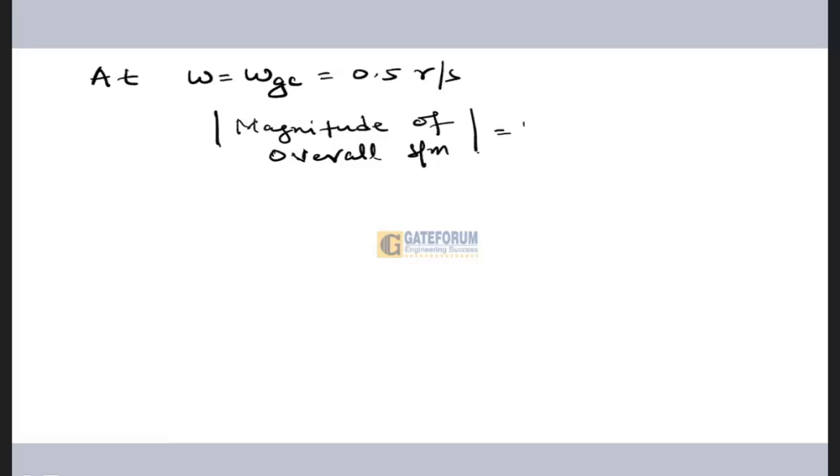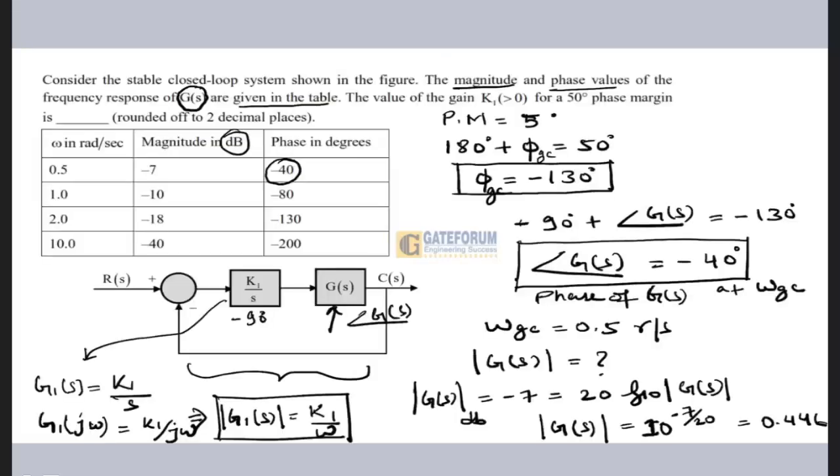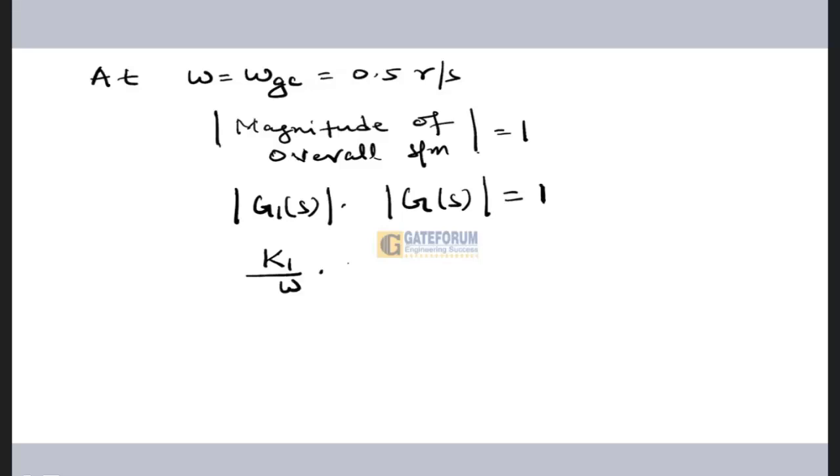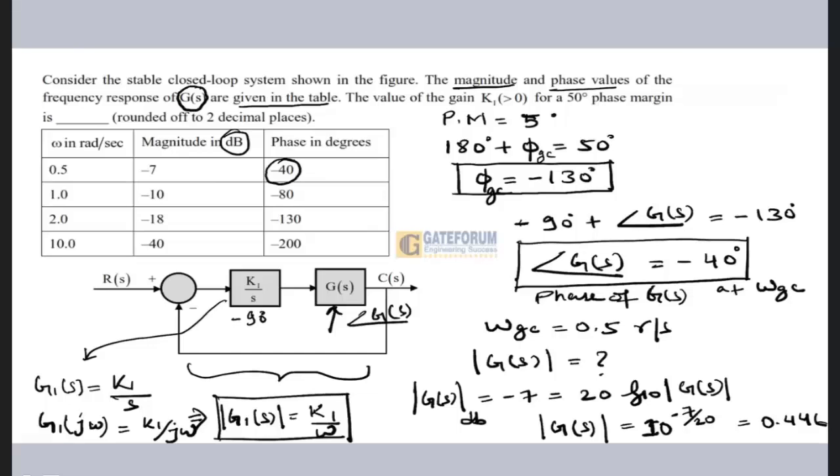So the magnitude of the overall system means the magnitude of G1S and the magnitude of GS, absolute values. So the absolute value of G1S is K1 by omega, and the absolute value of GS is 0.446, that is what you got now.